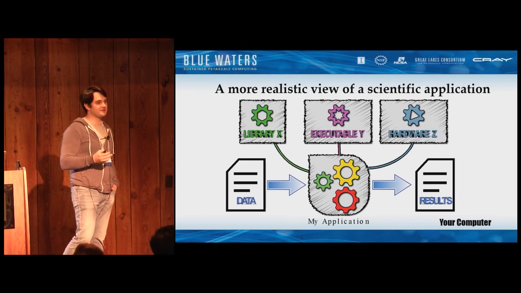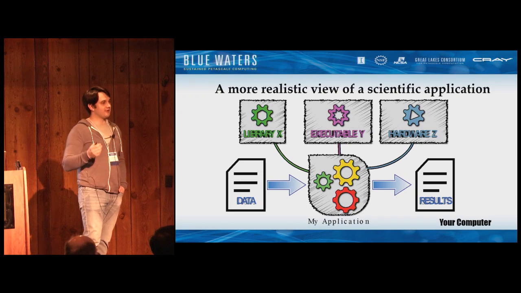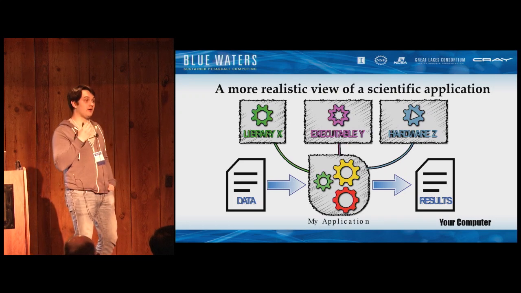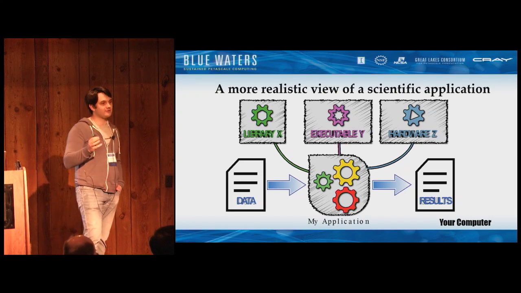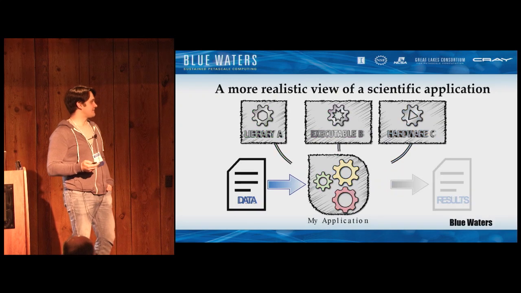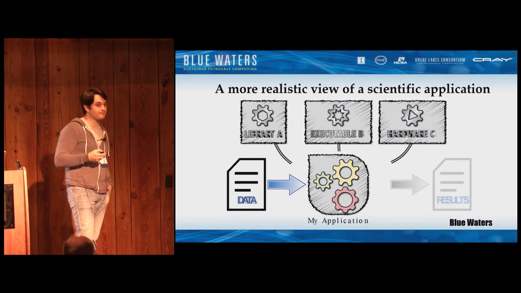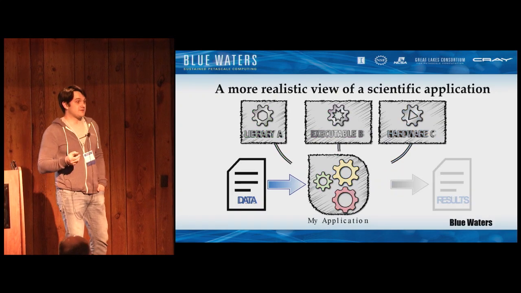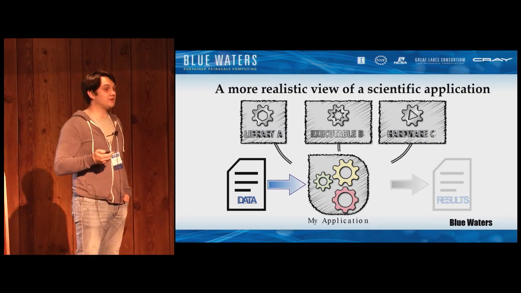Our application depends on system libraries, some other executables, on the hardware, and when we bring our application to a supercomputer, what happens is that we lose all these connections. The question is what to do. What can we do?